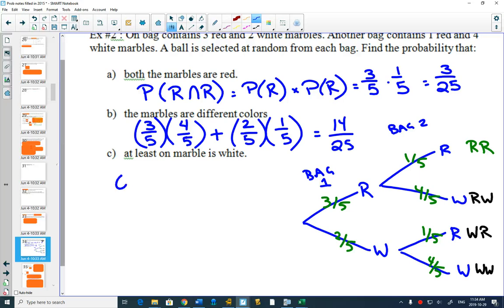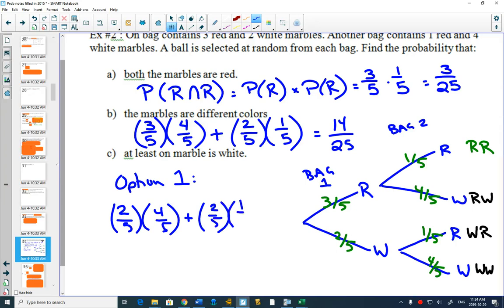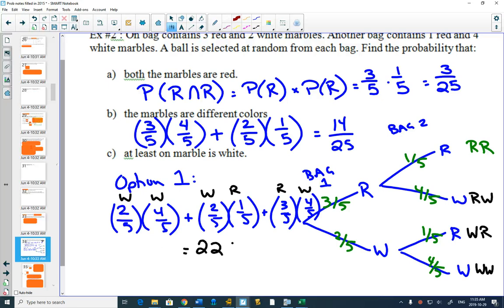So option 1, the longer option, is you do white and white plus white and red plus red then white. I'll label this above: white, white, white, red, red, white. If you add those all up, you get 22 out of 25. That's option 1.